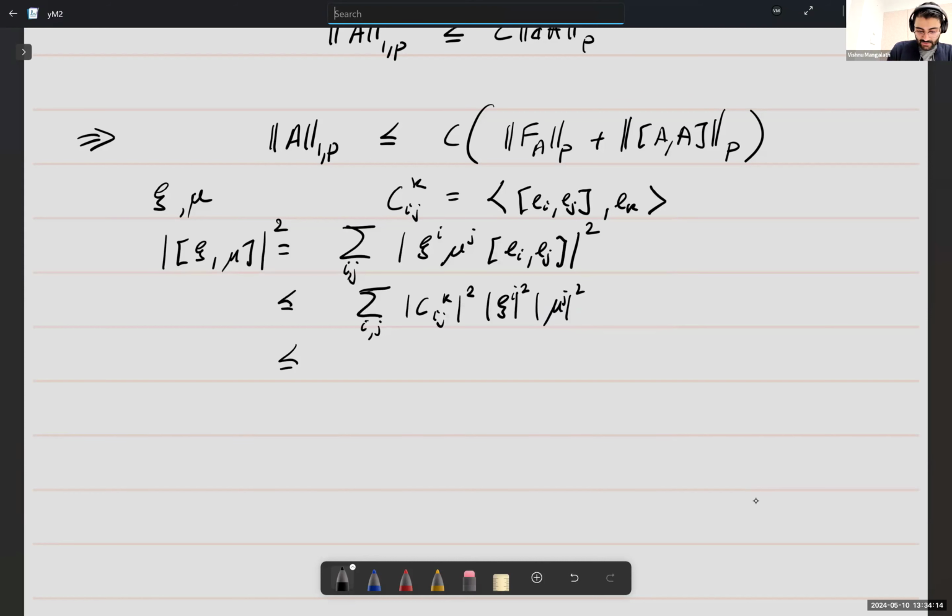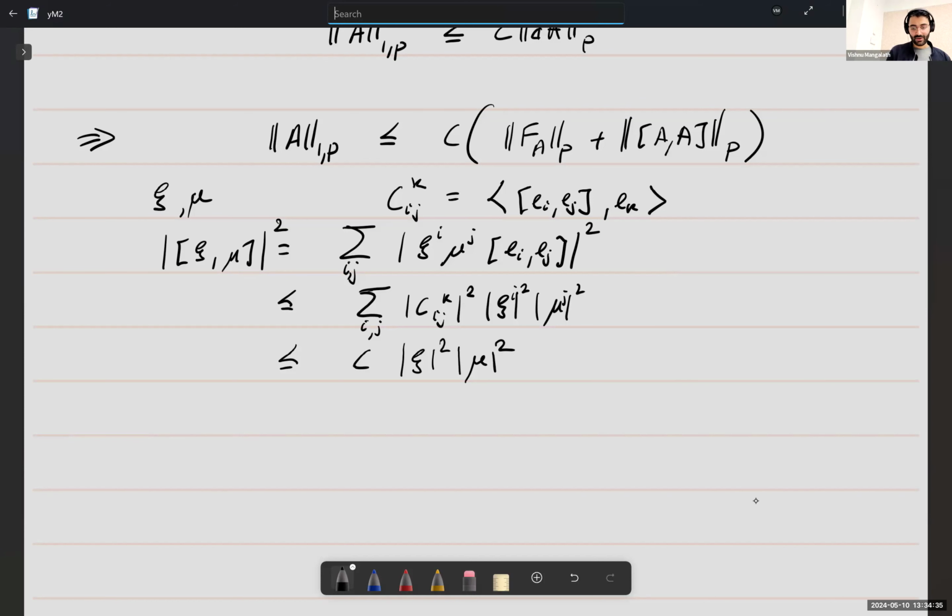And so that's less than or equal to c times psi squared mu squared. So there's a c here, but actually there's two metrics here and only one metric here. So I could just scale the metric on the Lie algebra in order to make C1 or something, right?